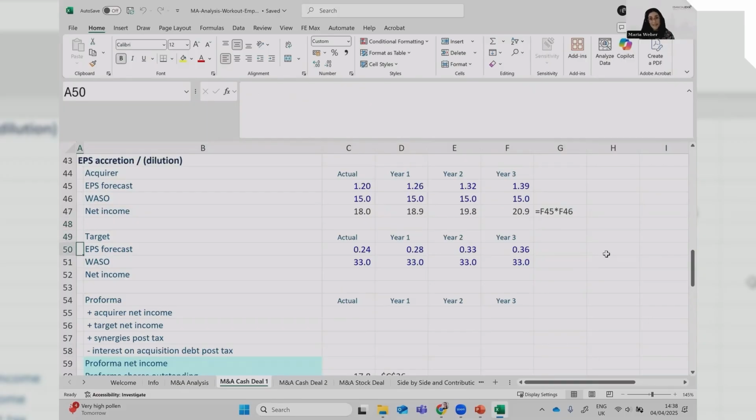And I do exactly the same for the target. Their forecast earnings per share, if they remain as a standalone business, this is what's expected to happen. Their weighted average shares outstanding, let me multiply the two together to get the total net income for the target.